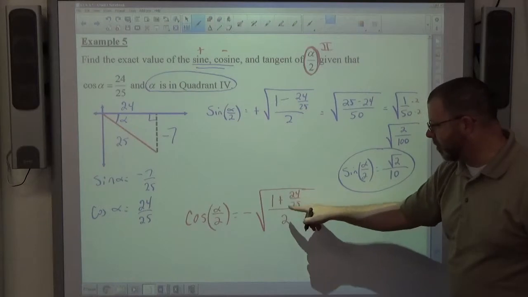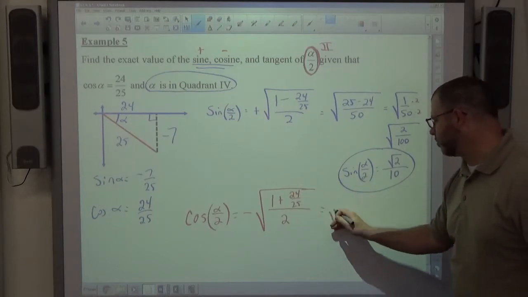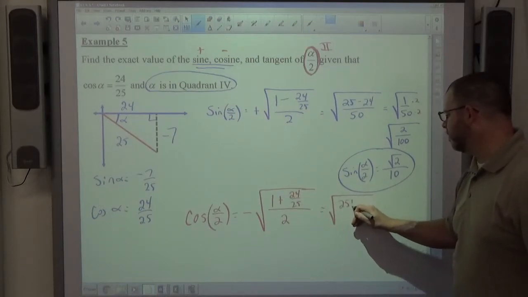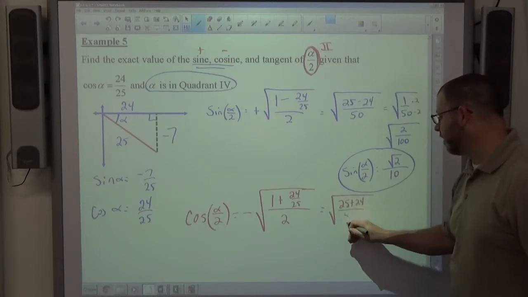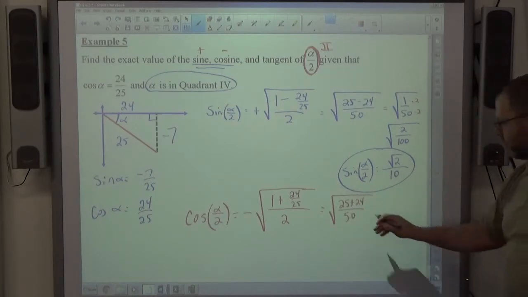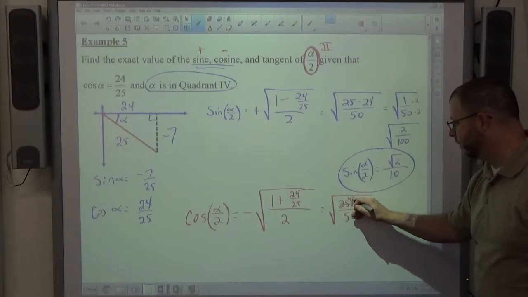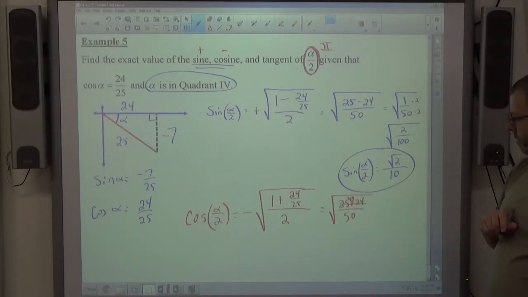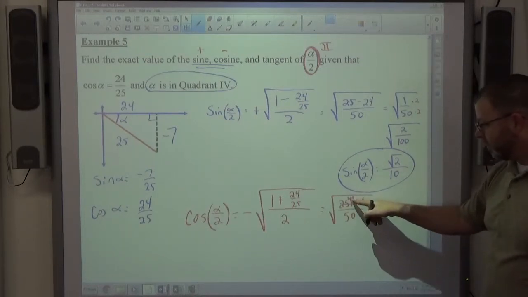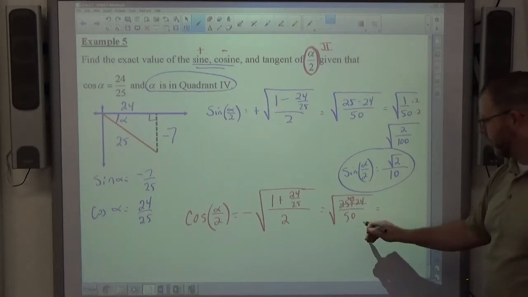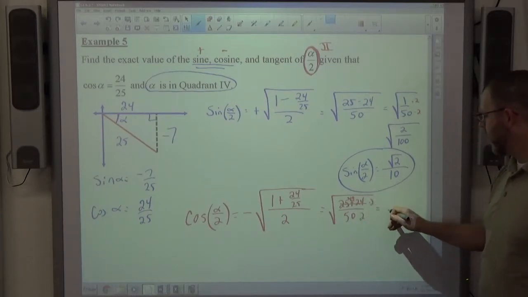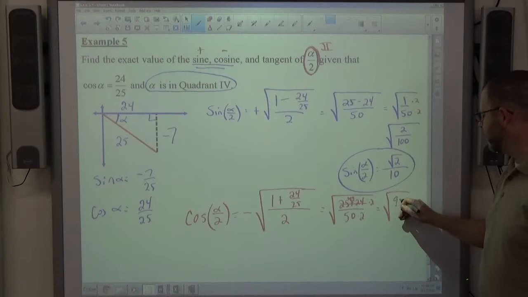Multiply by 25, multiply by 25, multiply by 25, and that gets me the square root of 25 plus 24 over 50, which makes 49/50, right? Once again, 49 is a perfect square, 50 isn't, but if I multiply by 2, multiply by 2, I get the square root of 98 on top and the square root of 100 on the bottom.